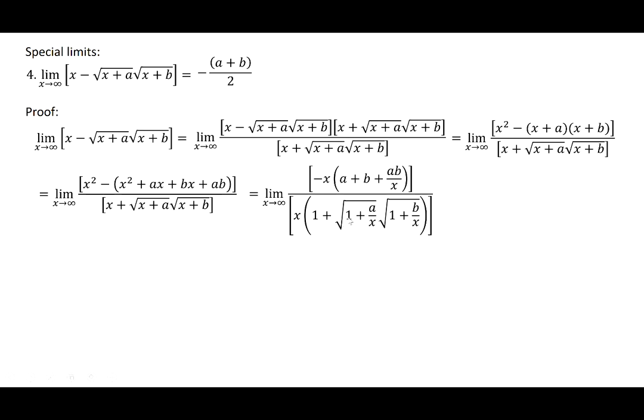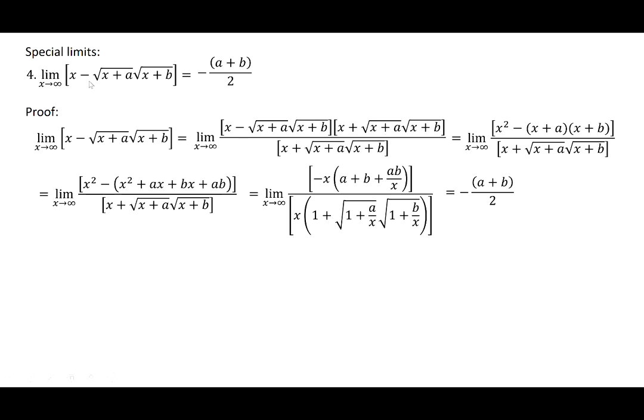So we end up with a 2 in the denominator and a plus b on the top with a negative here. Negative of the quantity a plus b over 2 is what this ends up being. All right. So again, we can say the limit of all of this is just negative of a plus b over 2. You will need these limits.